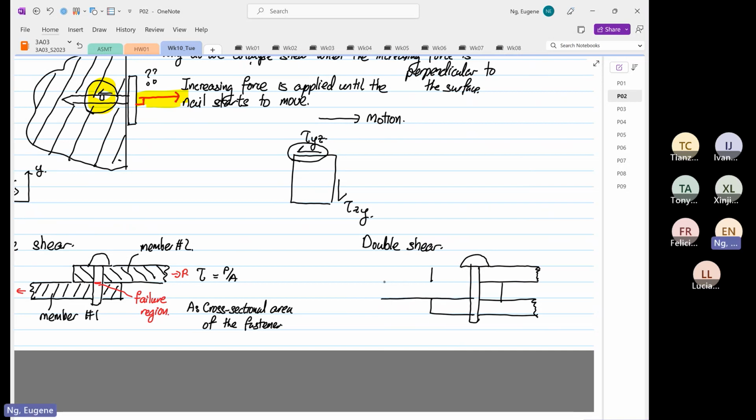So these are our plates, right? So if you look at double shear configuration over here, hold on, I'm going to get rid of this.